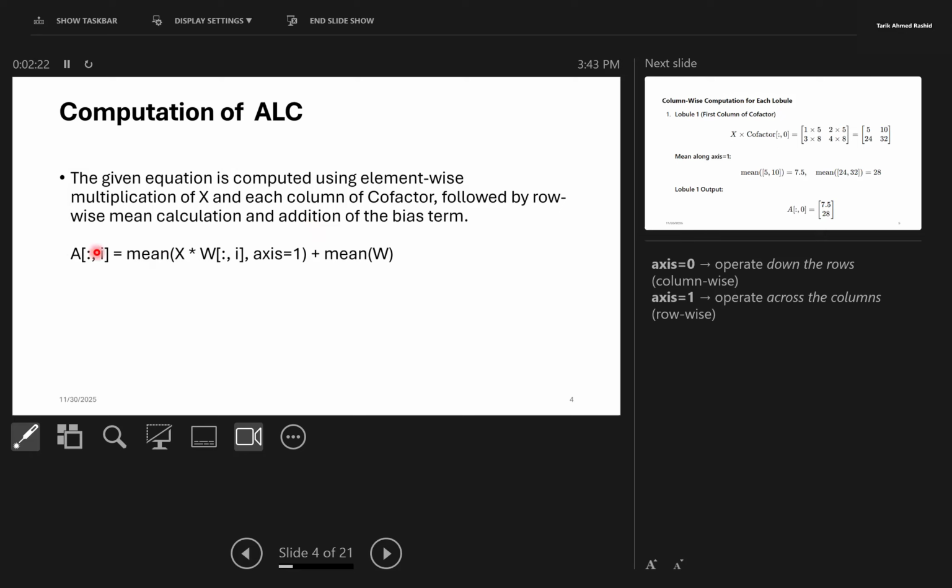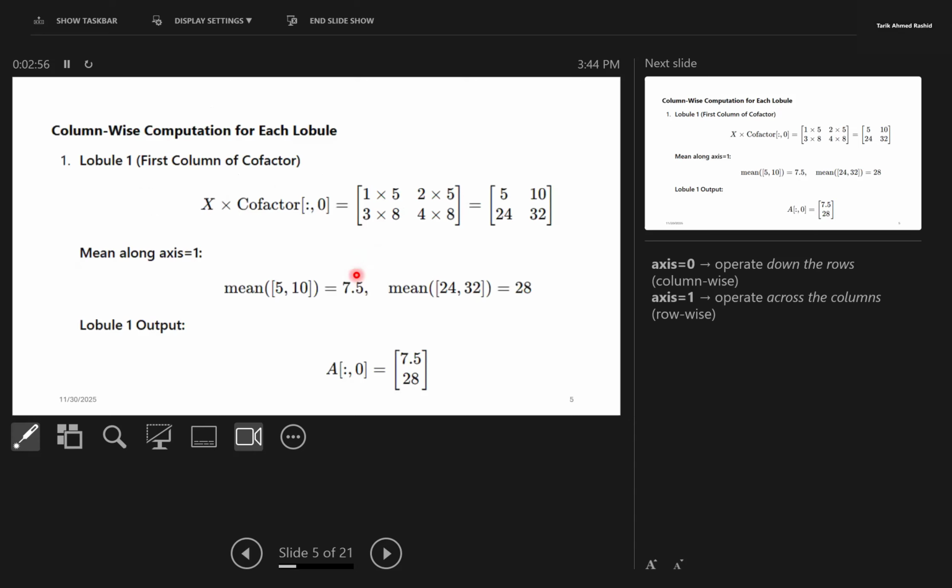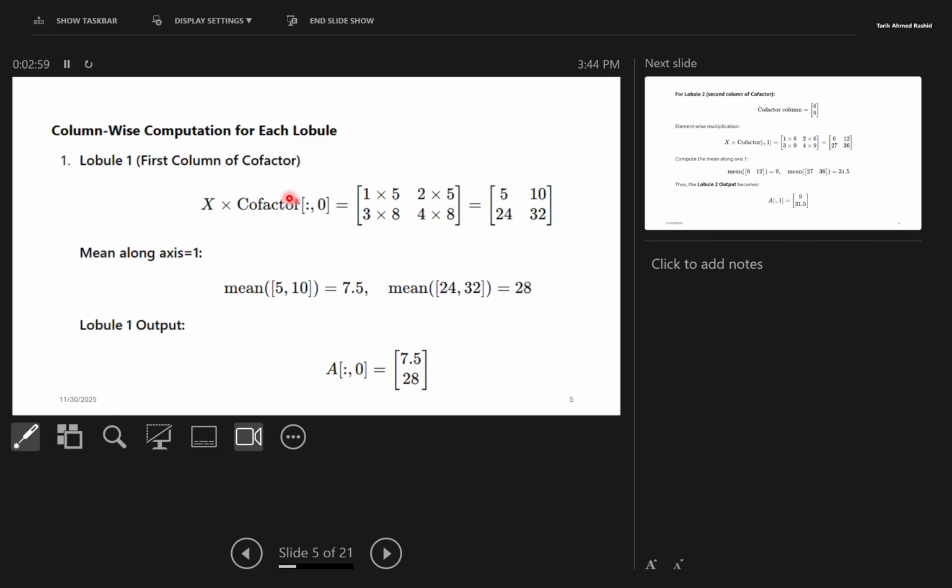So A for the i-th column equals the mean of x multiplied by the weight for the i-th column, finding the row mean, plus the mean of the weight matrix or cofactors.